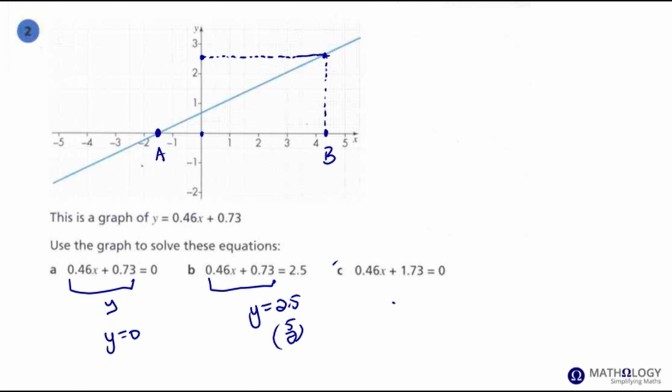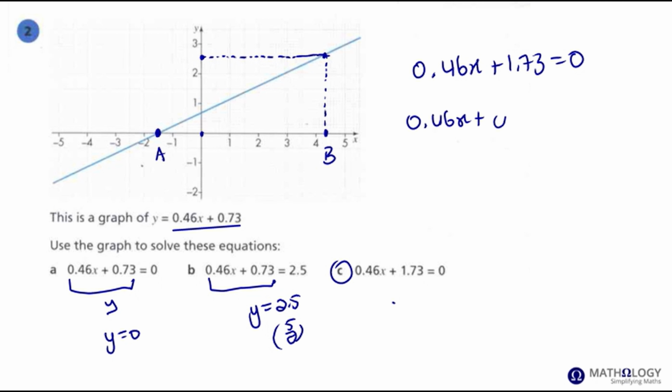And then, okay, with C, we need to manipulate this slightly because it's not in the form 0.46x plus 0.73. So 0.46x plus 1.73 equals 0. We're going to write this as 0.46x plus 0.73, but remember, we have to write 1.73 in this form, so we have to add 1, equals 0.